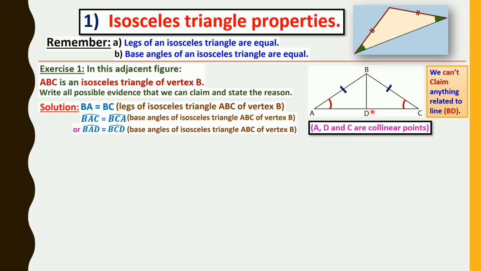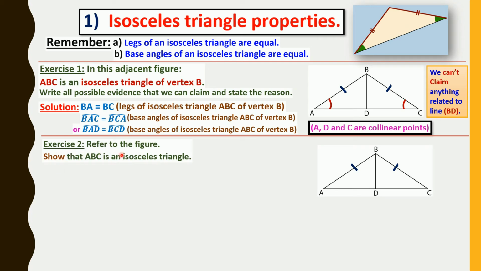We cannot claim that D is the midpoint of AC. We cannot claim that BD is the median relative to AC, nor the perpendicular bisector of AC, because no information is mentioned about this line. So be careful. We can't claim an evidence that is not mentioned or that we don't know anything about.